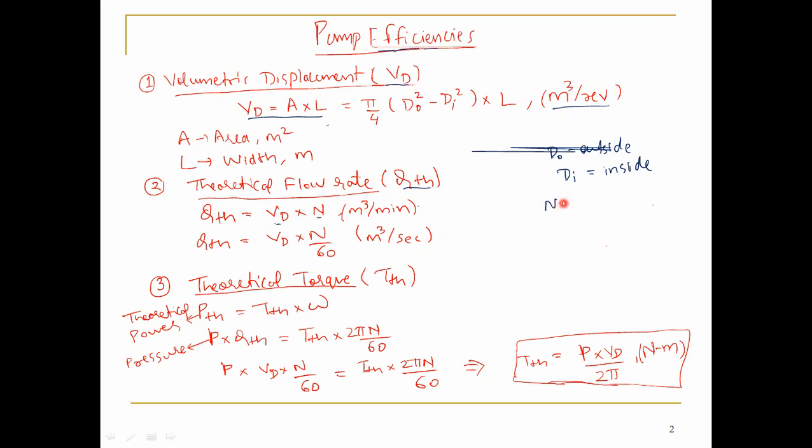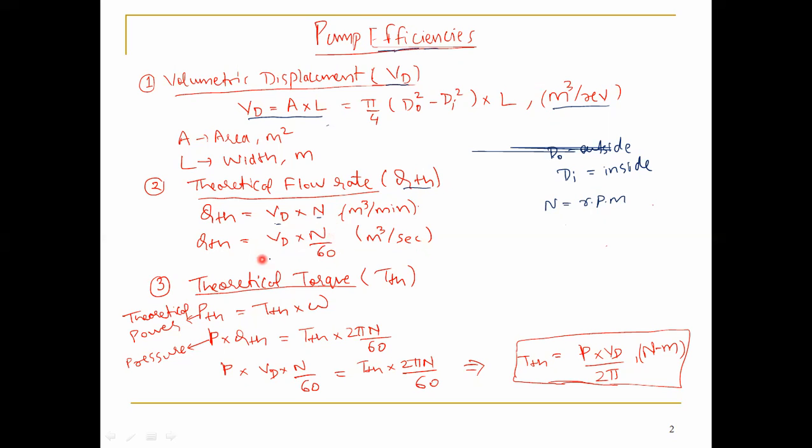Because N will be in terms of RPM, revolution per minute. So revolution gets cancelled, and minute remains in the denominator. If I want to remove this minute, I have to divide by 60 seconds. Then only I will get flow rate in terms of meter cube per second. So QTH is volumetric displacement multiplied by N divided by 60.